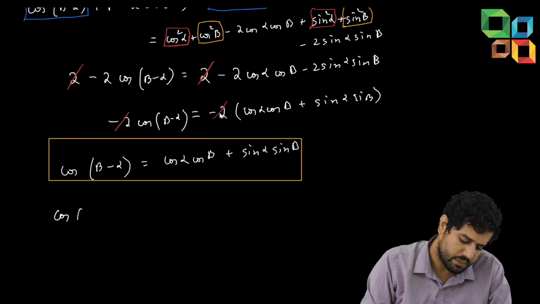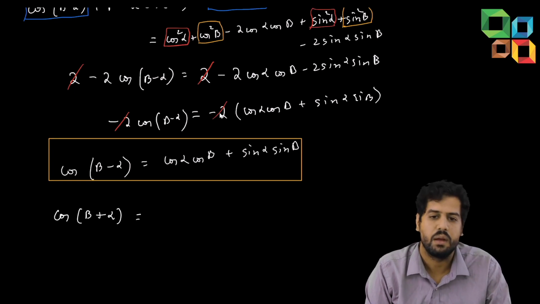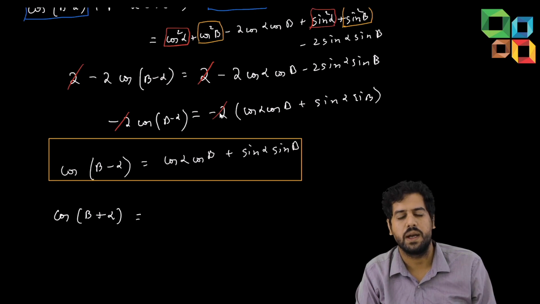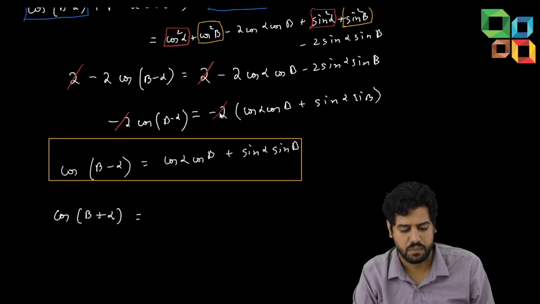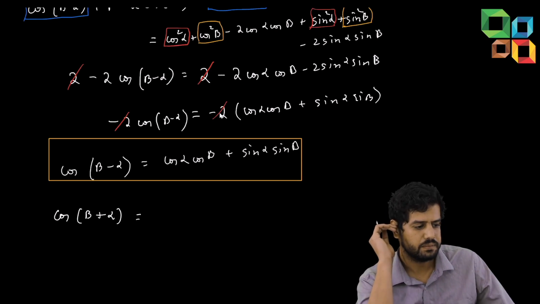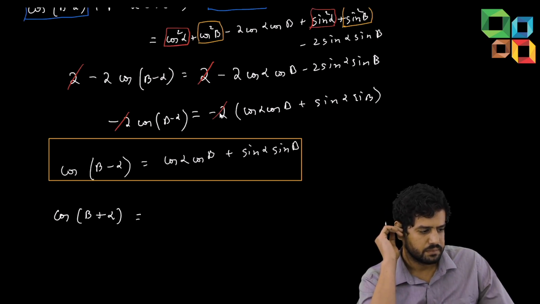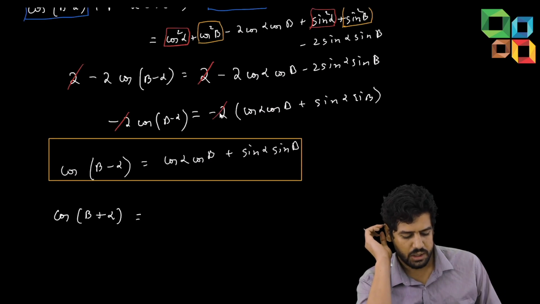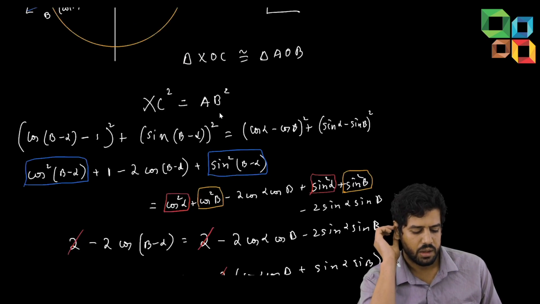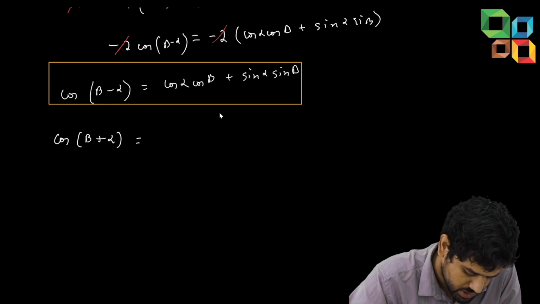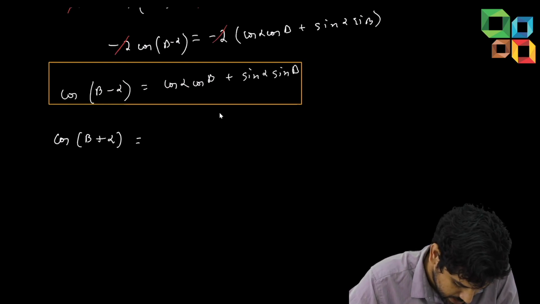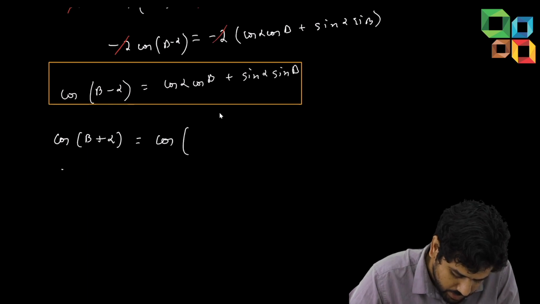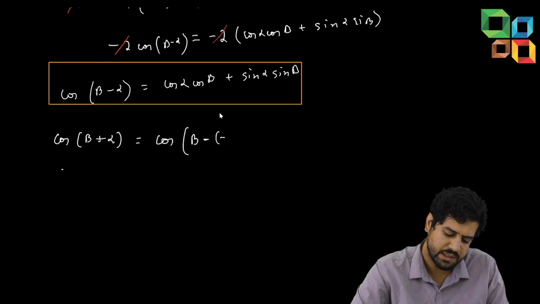What about cos of beta plus alpha? Think about this. How can we derive cos of beta plus alpha? Well, instead of going through all this again, what you could just do is write this as the same as cos of beta minus alpha.